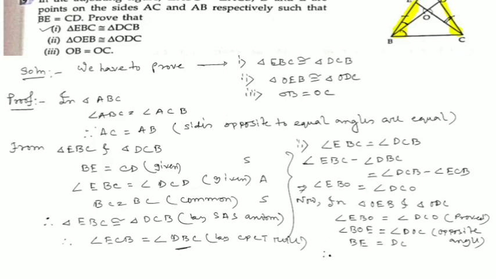Therefore triangle OEB is congruent to triangle ODC by which law? AAS axiom. So number 2 is proved, and the last one is, since these two triangles are congruent, therefore we can write OB is equal to OC by CPCT rule.